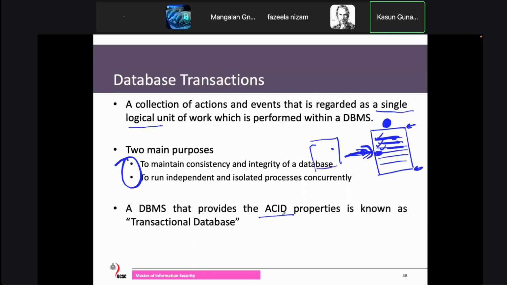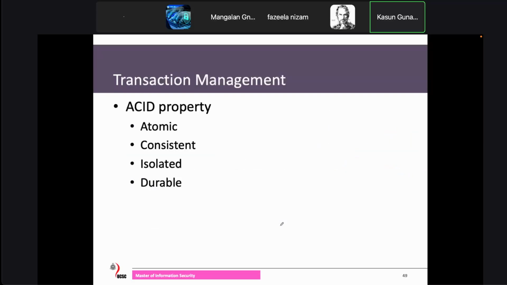So it supports transactions if and only if it ensures ACID properties. So let's see what these ACID properties are. ACID: A for atomic, C for consistent, I for isolated, D for durable.